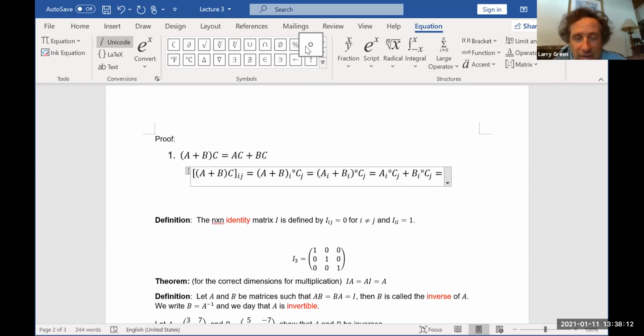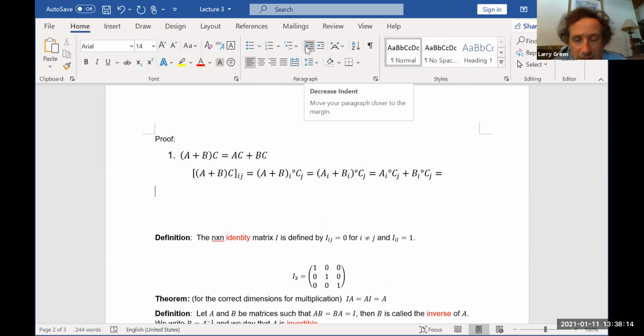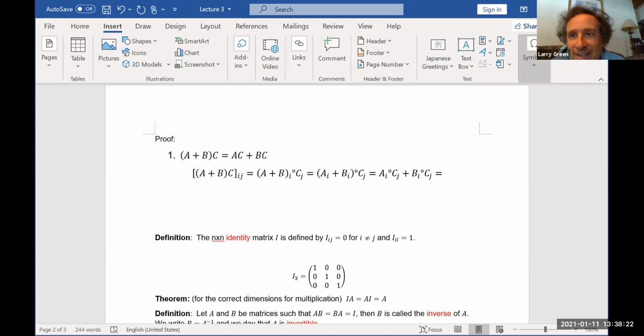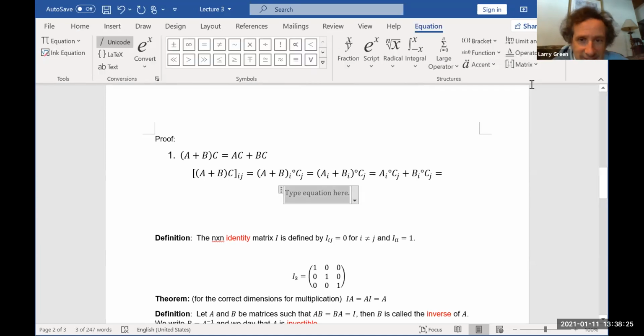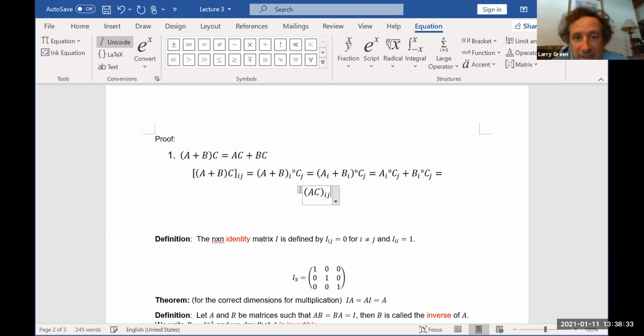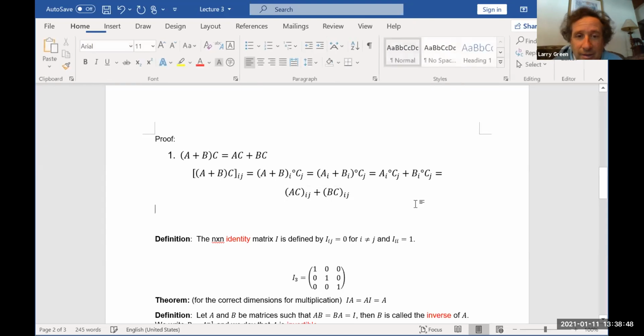So that's equal to (AC) sub ij, by definition of what it means to say (AC) sub ij, plus (BC) sub ij. A lot of notation. There's not a lot of math here. There's a lot of notation. Do you agree?